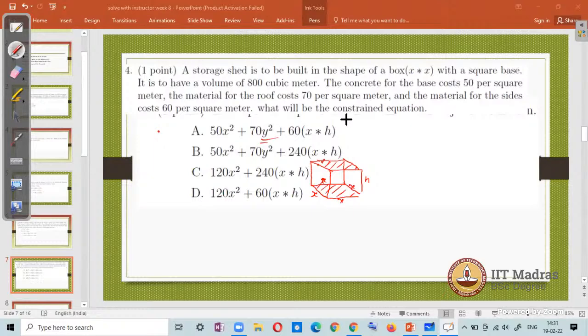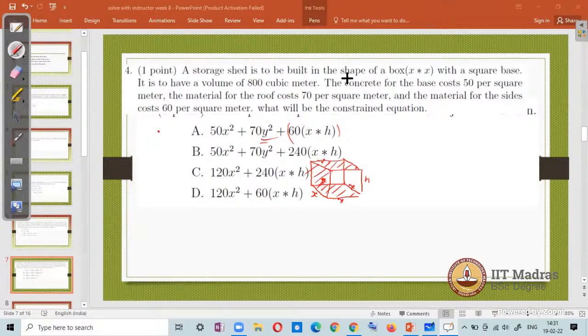And the thing is, in the options nowhere do we talk about that y. We talked about the box shape, which is x cross x. The main problem here is you are considering 60 into x cross h, which means you are thinking there is only one side, but there would be 4 walls.